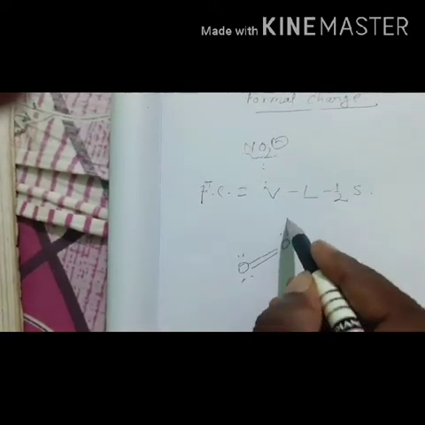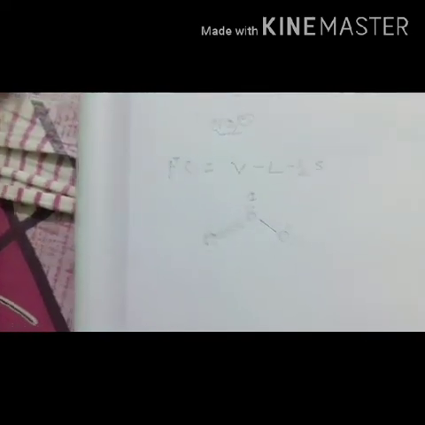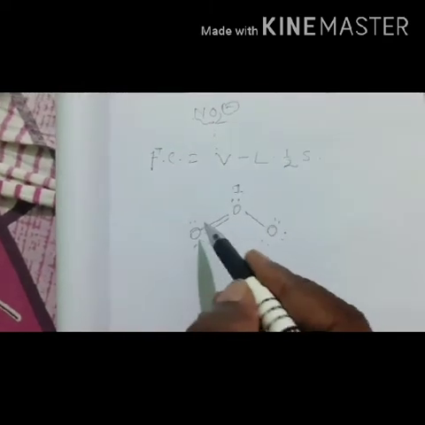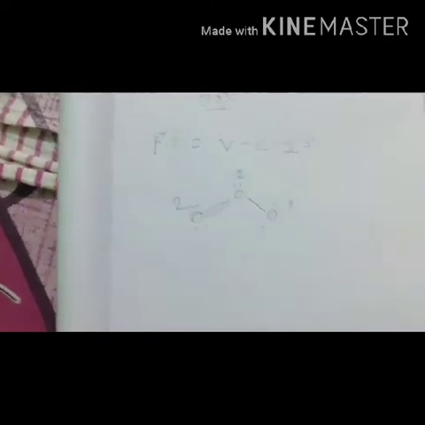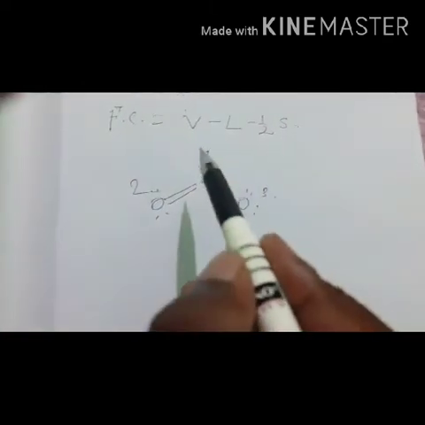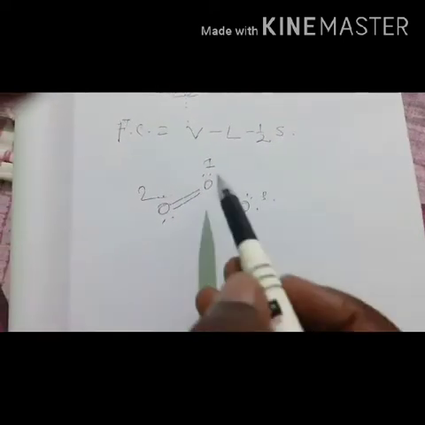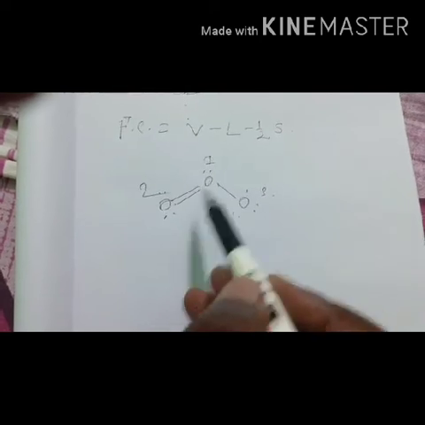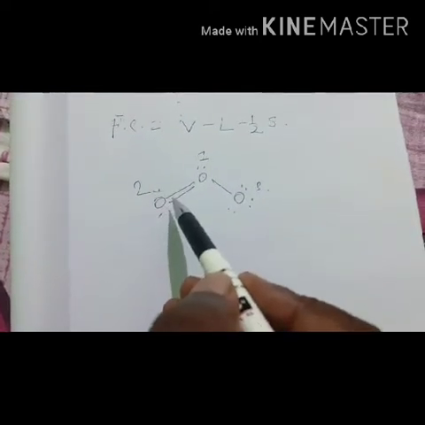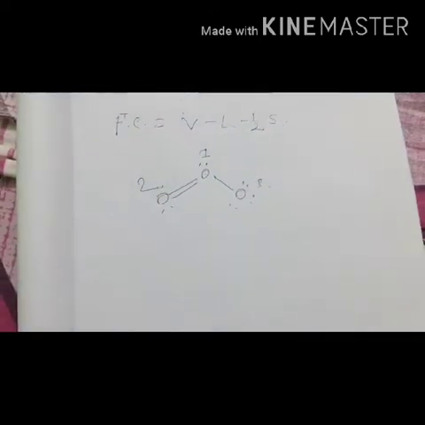Now I am assigning this oxygen as 1, this as 2, and this as 3, because the formal charge has to be calculated for all three. Each oxygen may have a different formal charge.